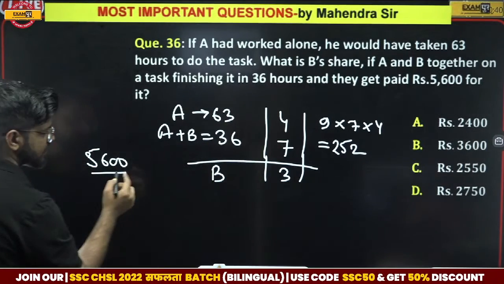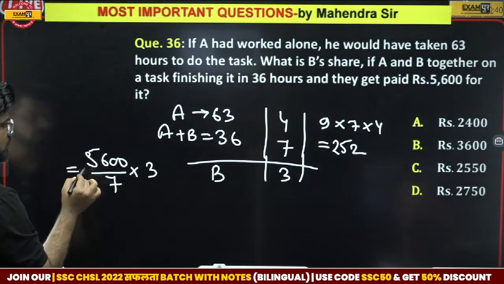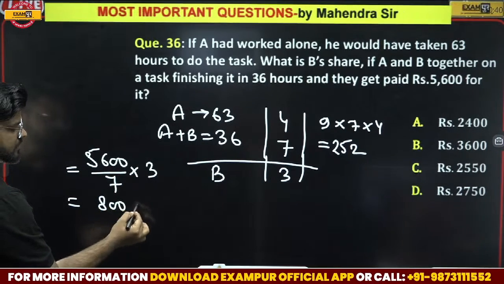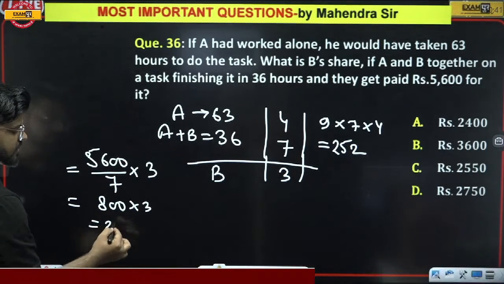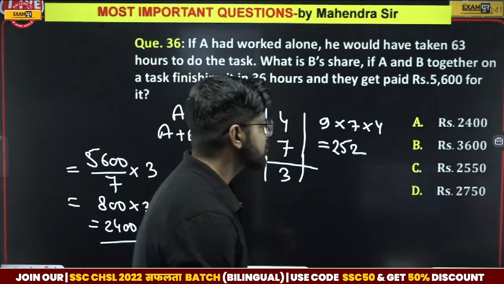Dividing by the total of 7 gives 800, multiplied by 3 for B's share. What will be the answer? 2400. That means option A.